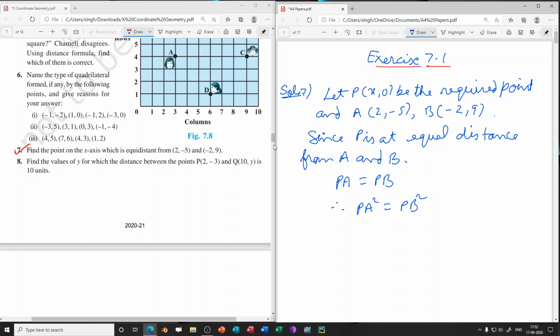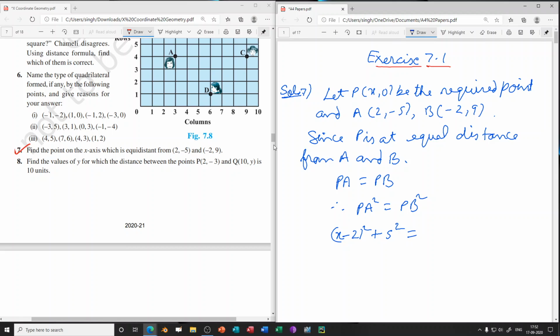So PA square will be (x minus 2) whole square, plus the difference of the y coordinates, that is 0 minus -5, which is plus 5, so plus 5 square. We are not putting square root, because we have taken the square here.